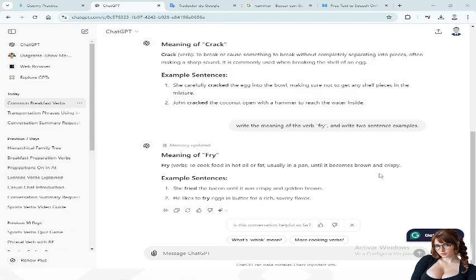If you want, you can write the complete meaning, but in my case, I think I can understand the word with the selected meaning.